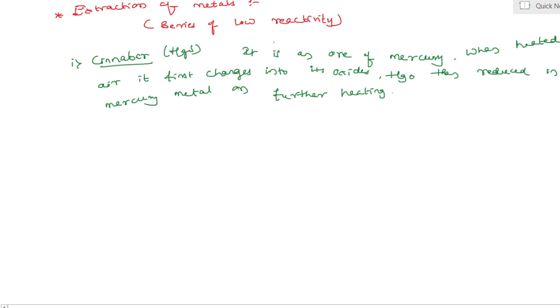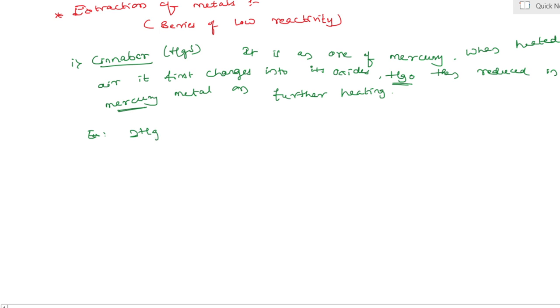When heated in air, it first changes into what? Oxide, it means mercuric oxide, then reduced into mercury metal on further heating. Let us see an example with the help of an equation.